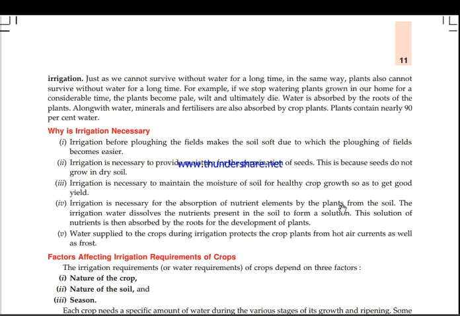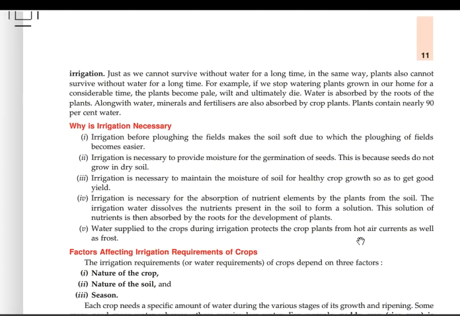Water supplied to the crops during irrigation protects the crop plants from hot air currents. In summer season, the surrounding air to the field is very hot and it may harm the plant crops.